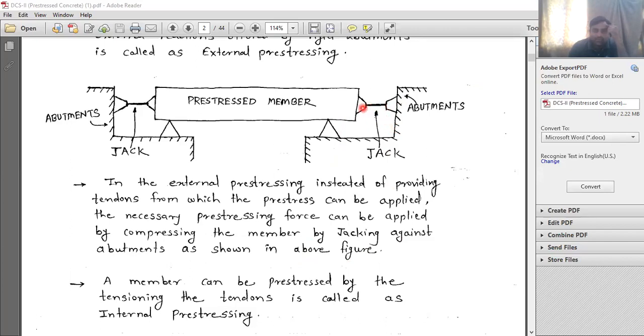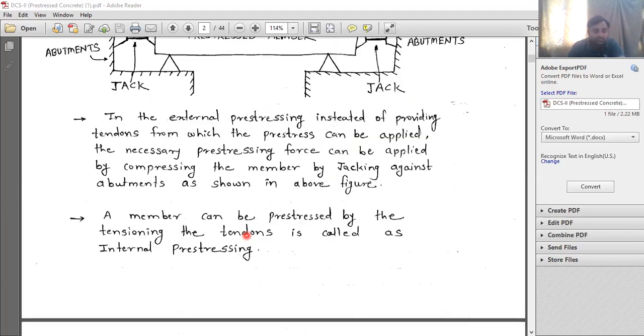The force is applied from this side and from this side also. In this way the internal stresses are developed in this prestressed concrete member. A member prestressed by tensioning the tendon is called internal prestressing.